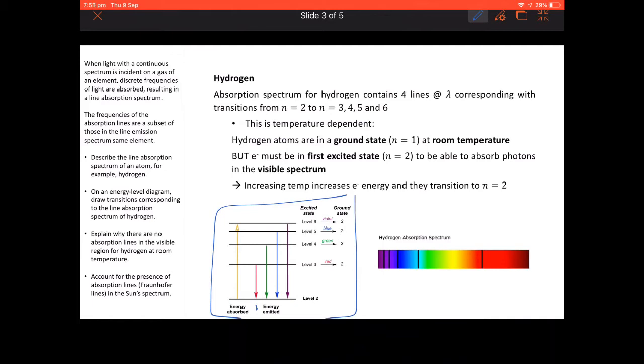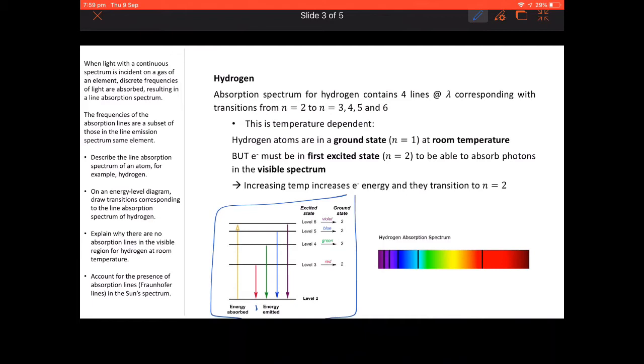What this is saying is that if you were to pass light through a cooled sample of hydrogen gas, the energy that would be absorbed from the light would have too high a frequency, so it would be too high energy to be in the visible spectrum. It would be in the UV range, beyond what the eye can see.